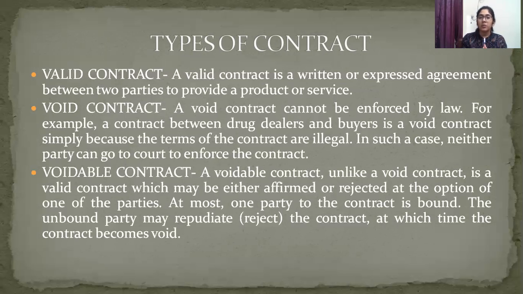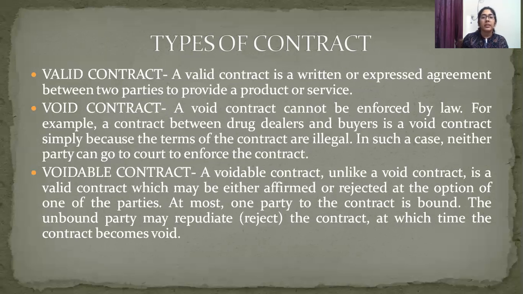This agreement, which is then enforced by law, is known as a contract. And it is a valid contract because it is enforceable in the eyes of law. It is very much valid. No illegal activities are involved, so definitely it's a valid contract.